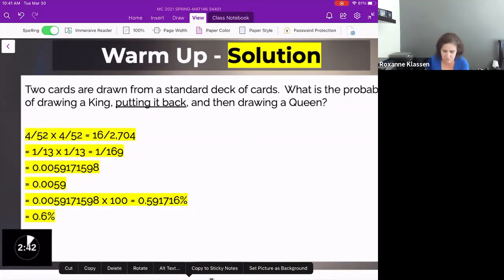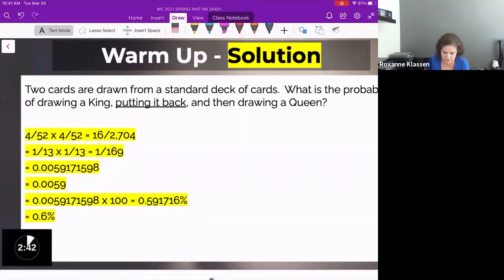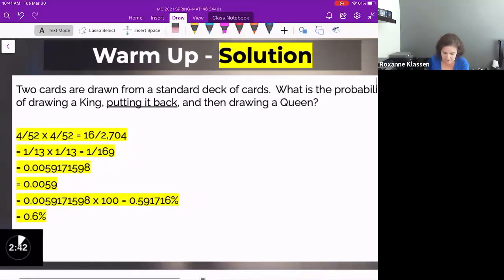We multiply it by 100, like it shows right here, and then we're rounding this 5, so we change that 5 to a 6. So it would be 0.6%. Is everybody okay with that?